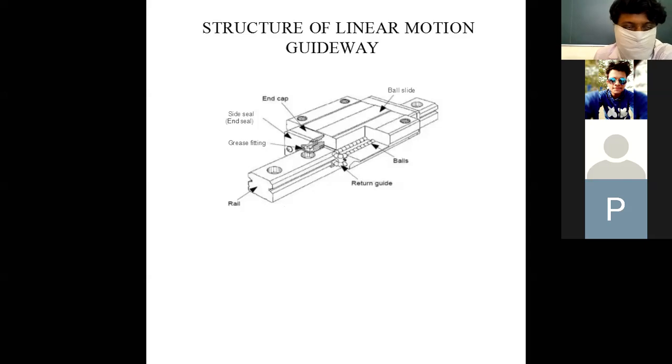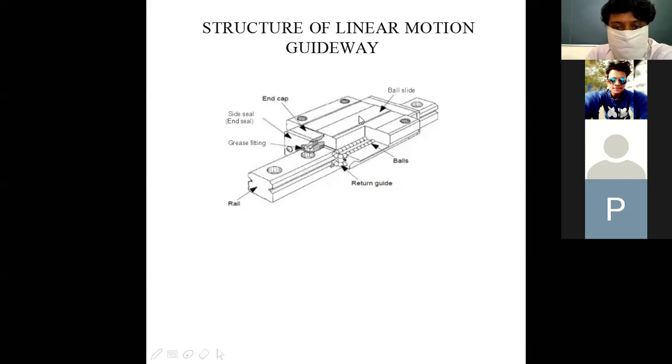You might have observed on a traditional lathe machine this kind of guideways available for making motion of the tool or the workpiece on the machine to and fro from headstock to the tailstock. This kind of railing system is available, and on that we have the tool post mounted.